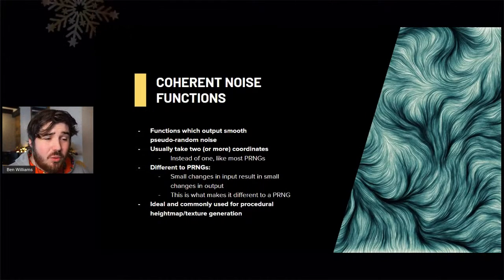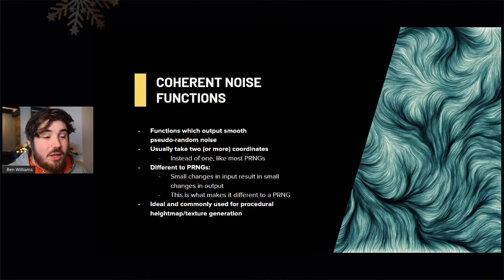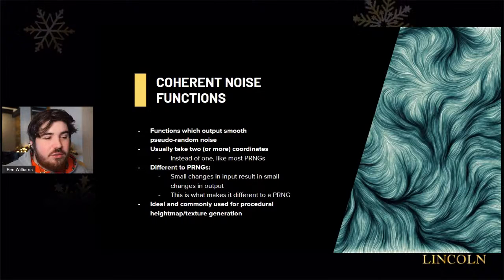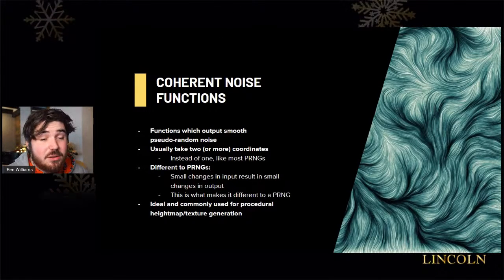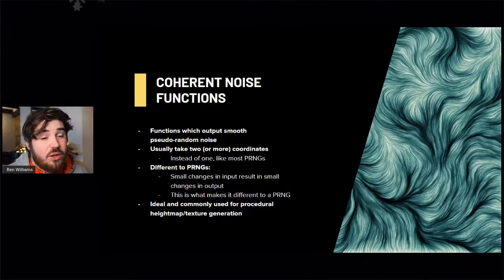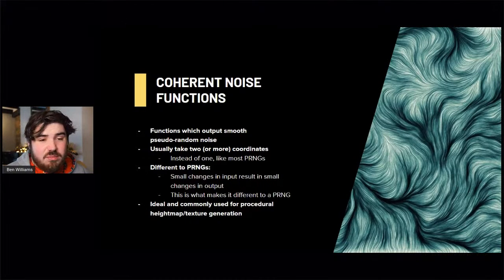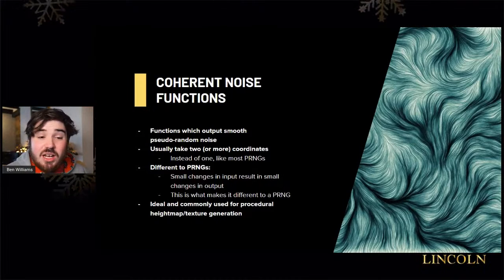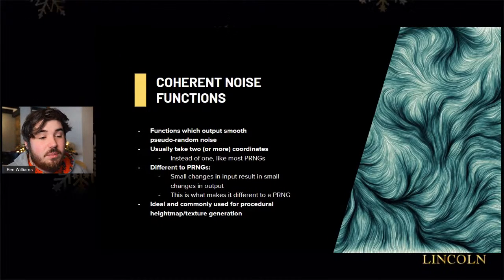Small changes in the input will result in small changes in the output. Those changes will still be random, but they won't be very high frequency. And this makes it ideal for things like procedural height map generation, textures, and so forth. Even things like hair. On the right, this is just a procedural, hair-like texture generated entirely from coherent noise. So there's a lot of interesting stuff you can do with them.